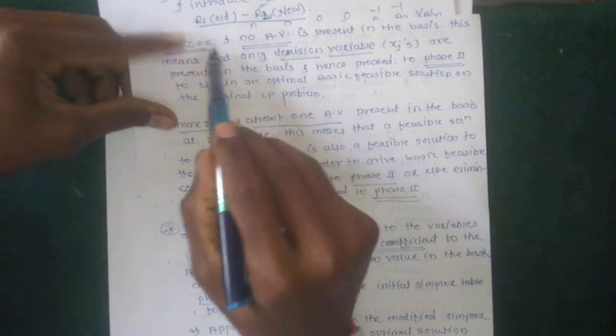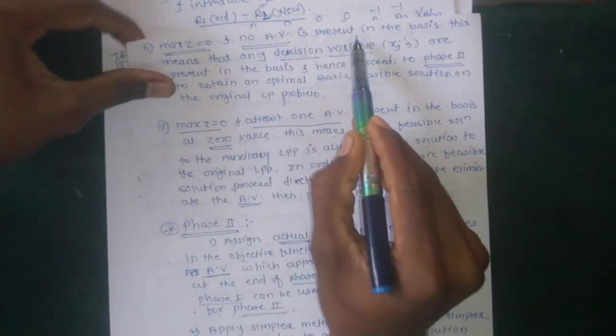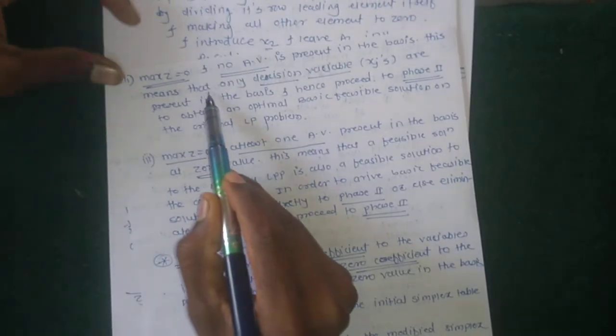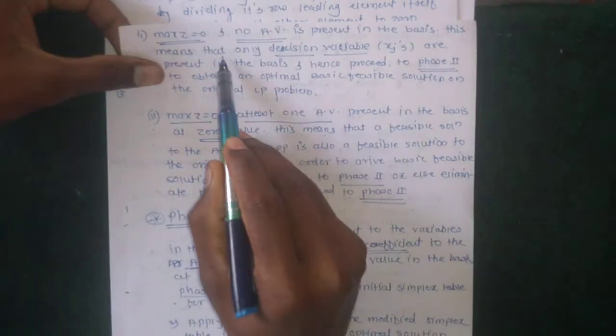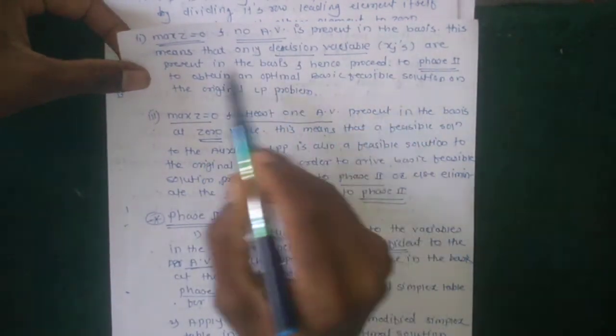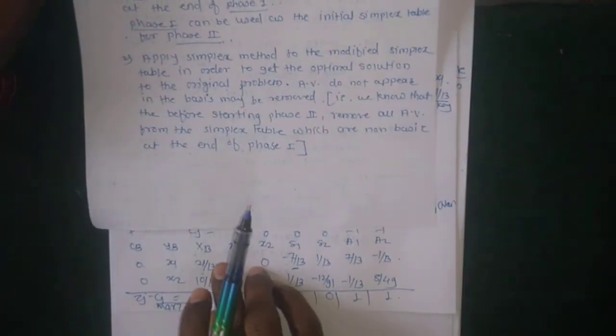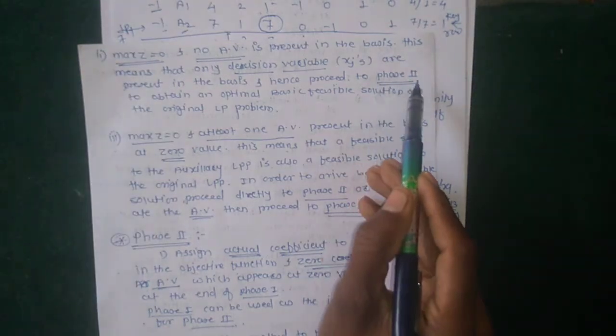Maximum z is equal to 0, and no artificial variable is present in the basis. This means that only decision variables are present in the basis. Then we proceed to the phase second method. So directly we write phase second method.